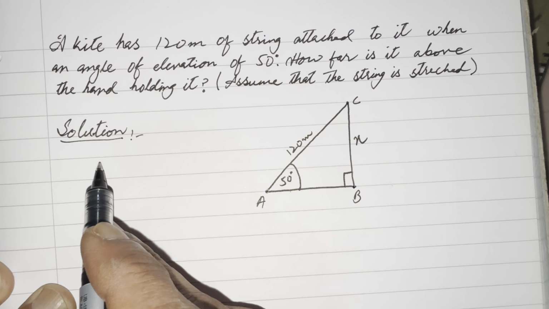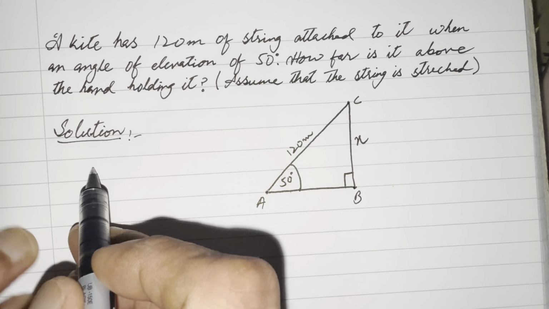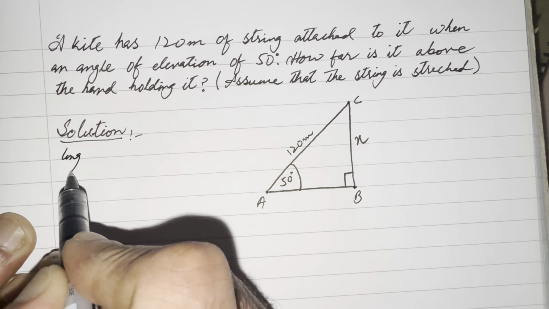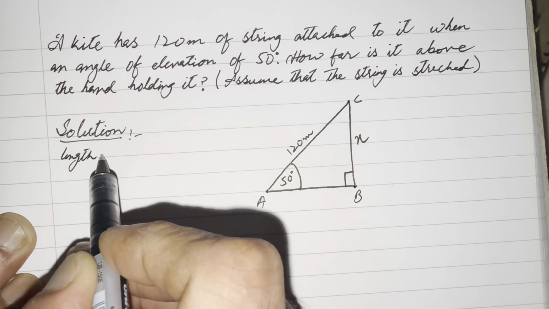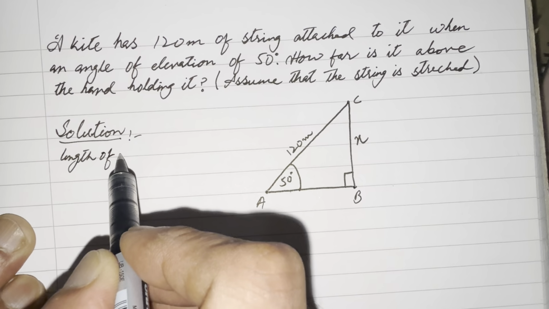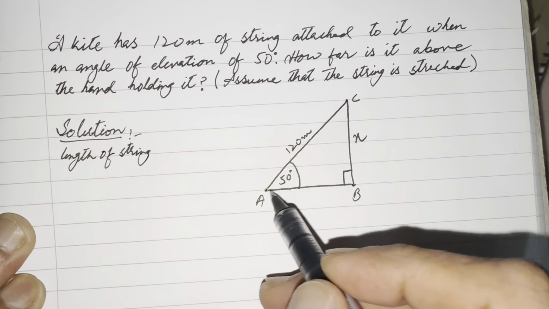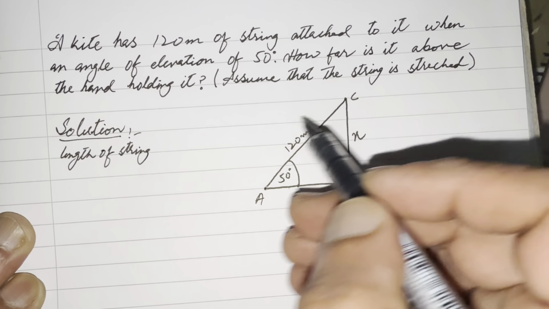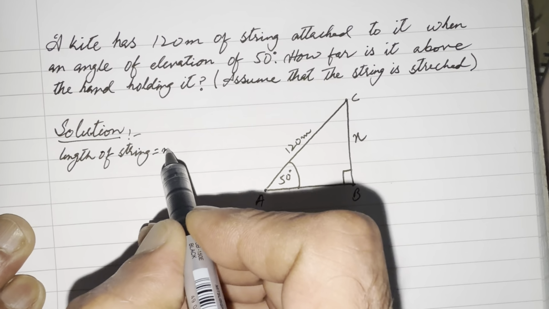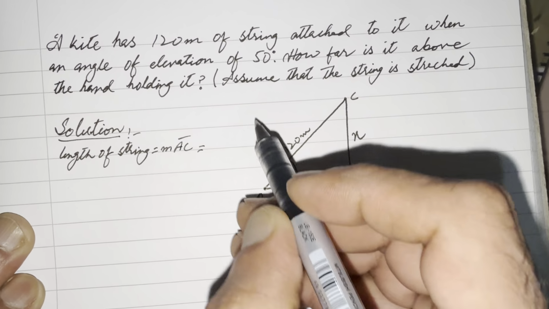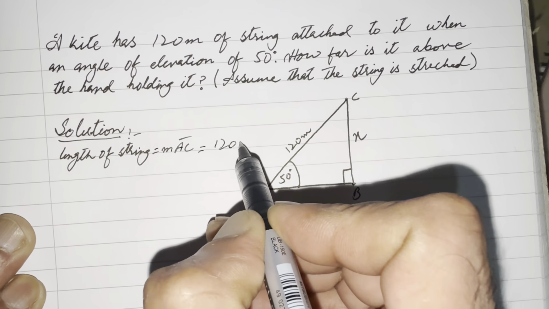So the length of the string, which is the measure of AC, is equal to 120 meters.